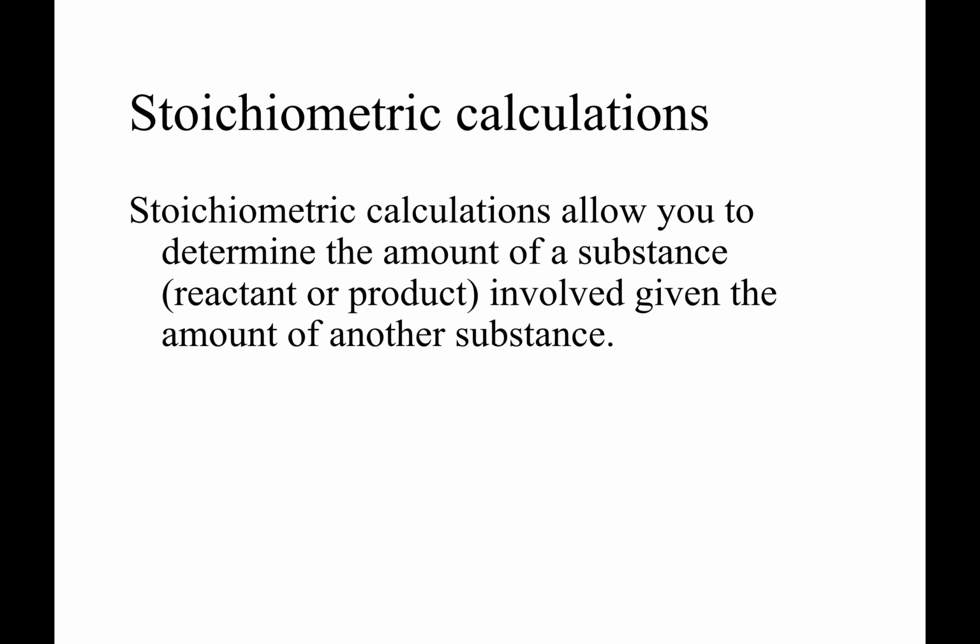Or, I know grams of this, and I'm trying to get to grams of this. Or, I know grams of this, and I'm trying to get to grams of this. You got the idea? So those are 3 different problems. What they have in common is, I know grams of something, I'm trying to get to grams of something else. That's a stoichiometric calculation.